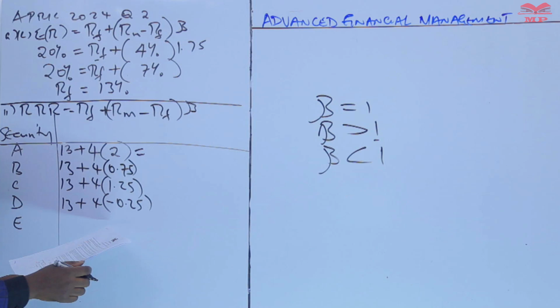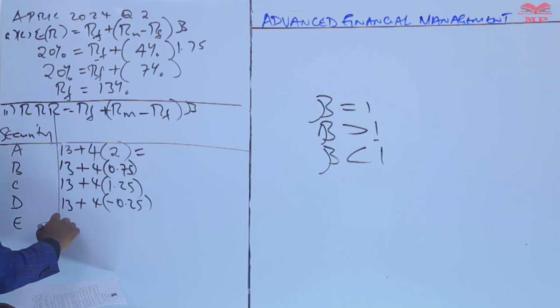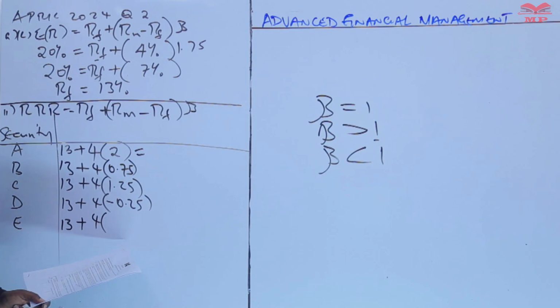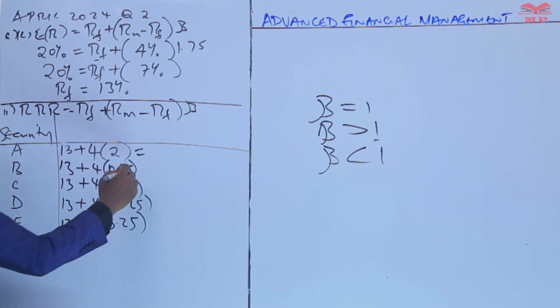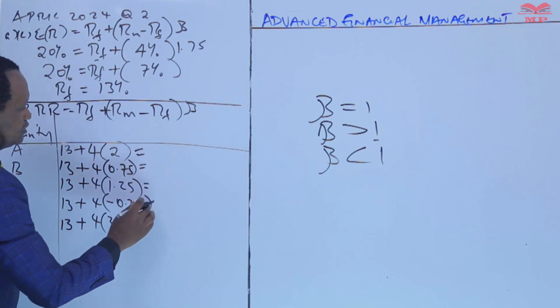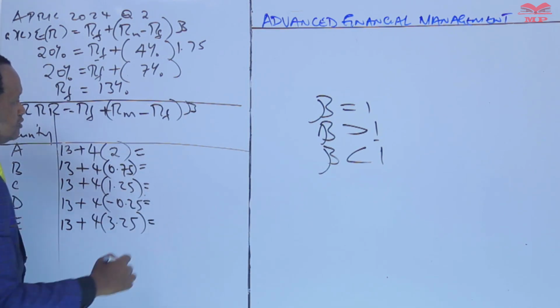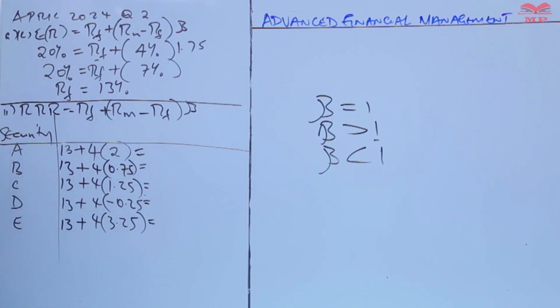E, 13% plus 4, the beta there is 3.25. So these are the required rates of return for each security.